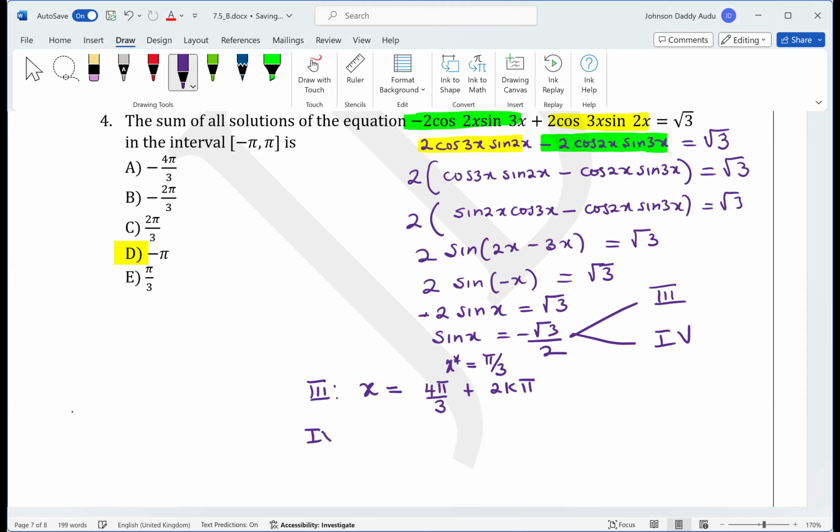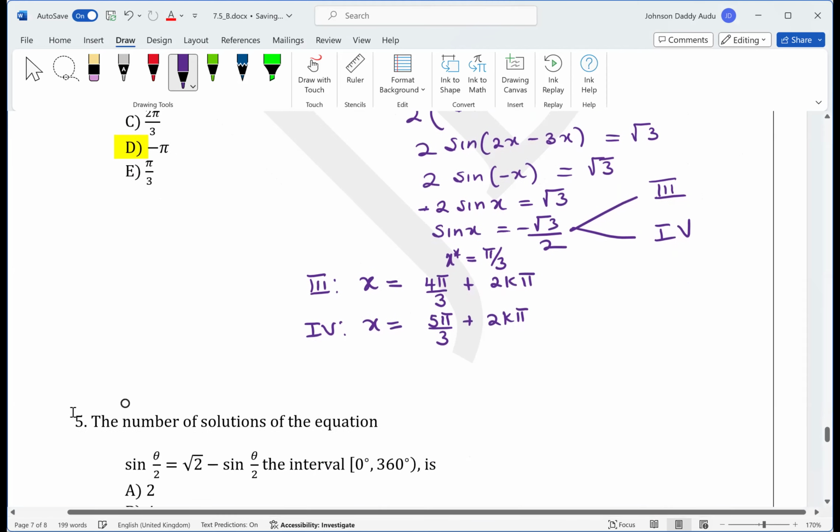And if we're in the fourth quadrant, we just need to subtract our reference from 2 pi, so that will be 2 pi minus pi over 3, which is 5 pi over 3, plus 2k pi. Okay. So we're looking for the sum of all solutions in which interval. So let's find this first.